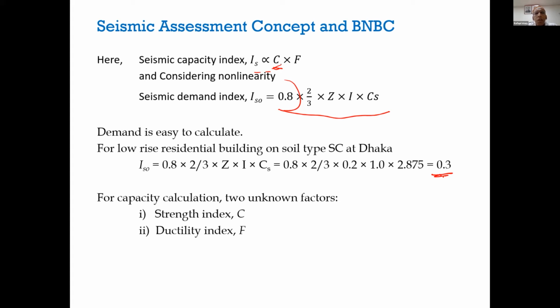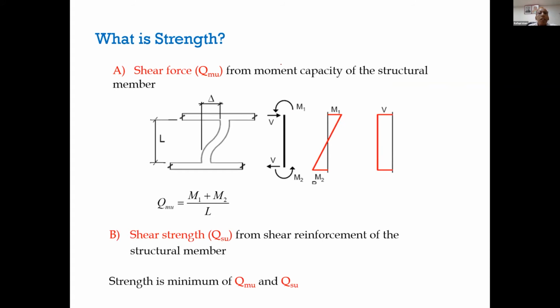This should be judged for a building in each direction and each story. So there are two main unknown factors, the strength index and the ductility index. Now I will speak about the strength and ductility.